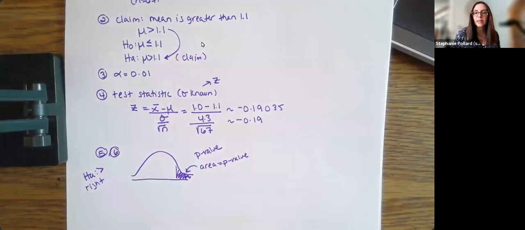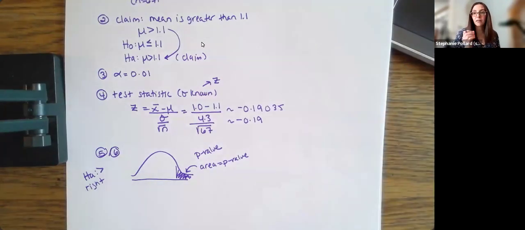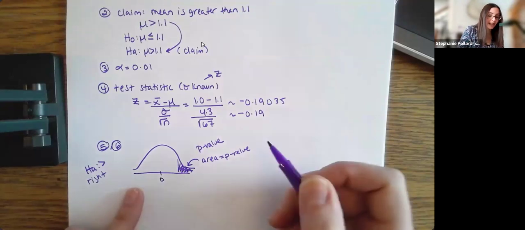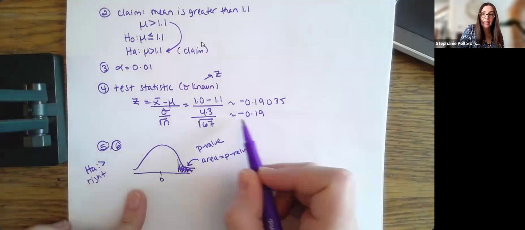So as I was saying, the shaded area is the area on the right in this case, and that is going to represent the p-value. So in the p-value method, the shaded area is the p-value. So what we're going to do is the boundary of the shaded area is actually going to be your test statistic here. Now, our test statistic is actually pretty small. It's a negative number.